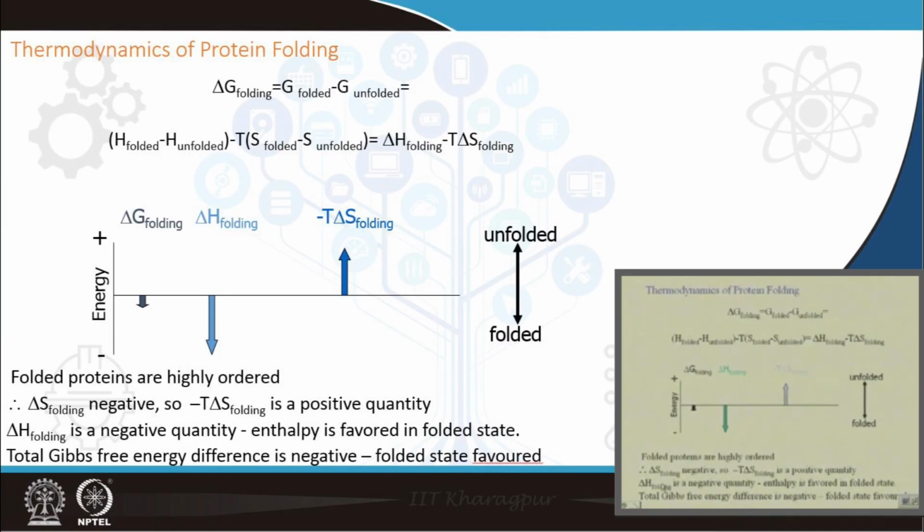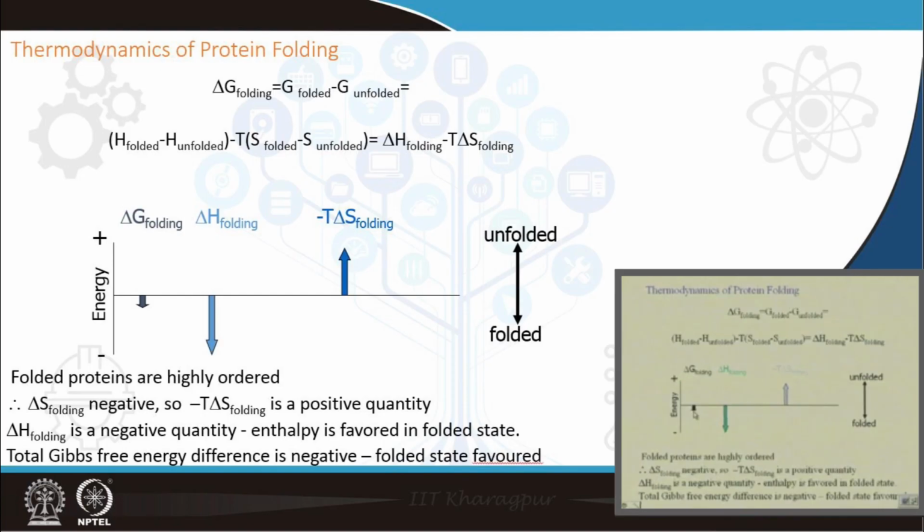Okay, then I have delta H folding which compensates for this positive ordering of the system because of the large number of favorable interactions that are formed on protein folding, which are all the energy terms that we spoke about in the non-covalent states, right? And we have our delta G of folding that is a small negative quantity.